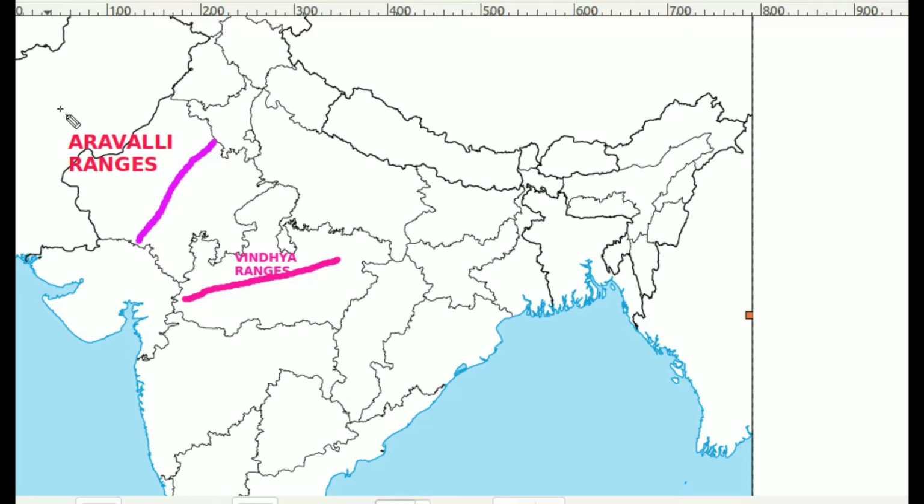Then Satpura, also in Madhya Pradesh, through the southern border of Madhya Pradesh leaning to Maharashtra. It is Satpura. Satpura range and Vindhya range in Madhya Pradesh.